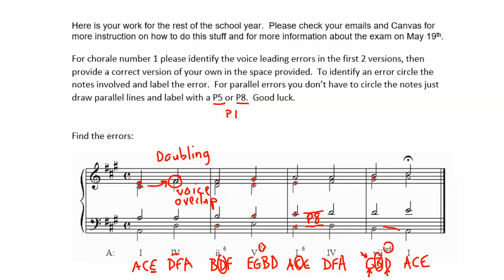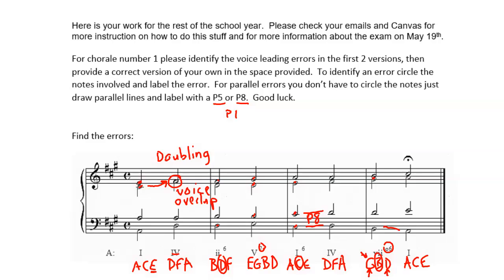So let's see what intervals I have there. Between the soprano and the tenor is a sixth, so that's safe. Between the alto and the tenor is a fourth, so we're okay on that one. So the only parallel motion I found there was that parallel octave.